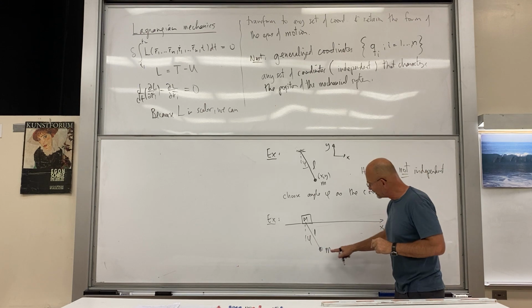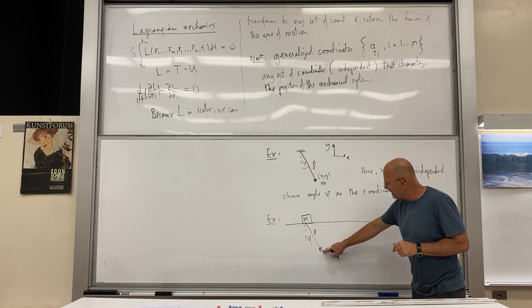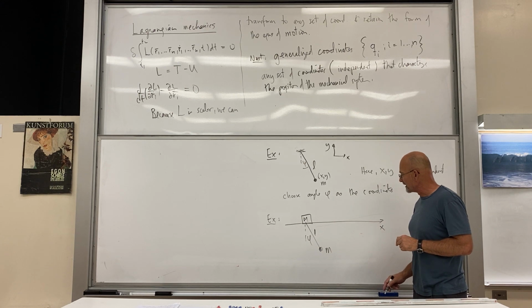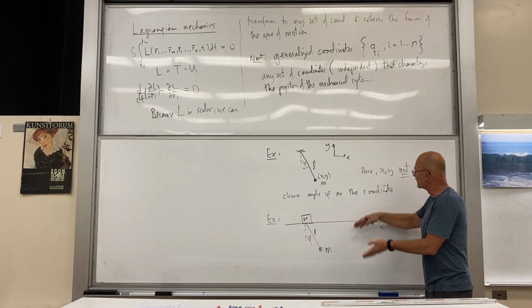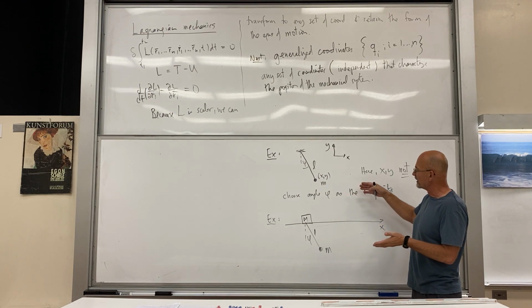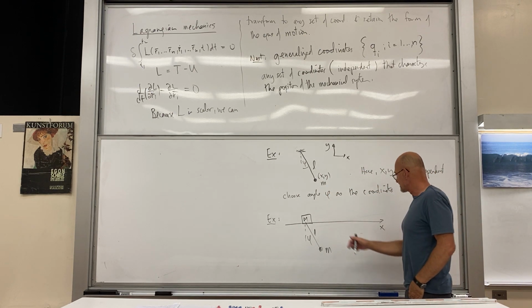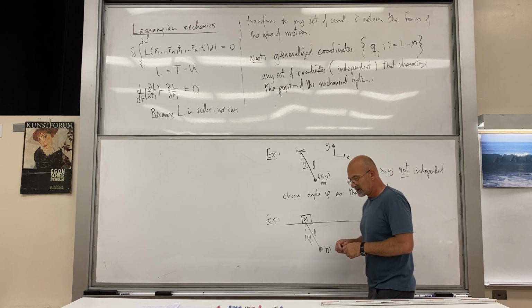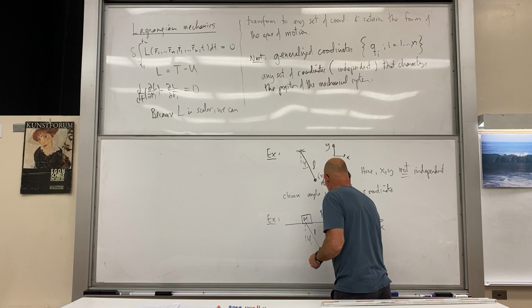And the thing about this generalized coordinate is it's going to depend on x and y initially until you do the transformation, which we've of course done before, from Cartesian to angular coordinates. So this is a nice example as well. I'll just put some text in here. Block slides without friction.